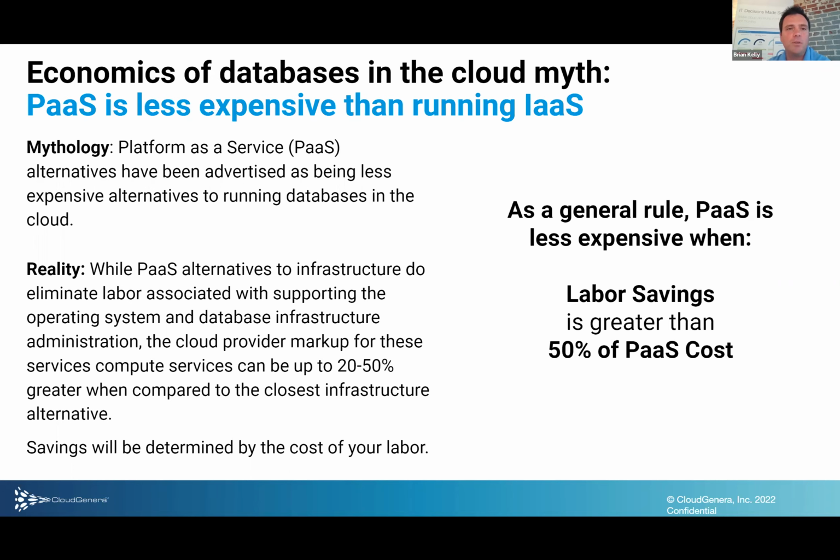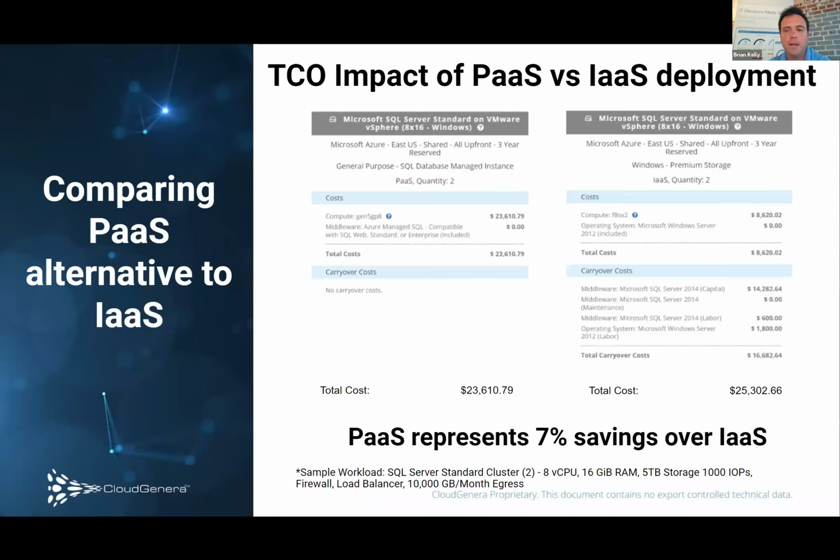But the purpose here in terms of the economics of databases is that it's not always going to be less expensive. That said, here's the example using the sample workload of SQL Server Standard Cluster with 8 vCPU and 16 gigs of RAM, 5 terabytes of storage, and associated networking services. Here you can see that PaaS represents a 7% savings over infrastructure as a service.